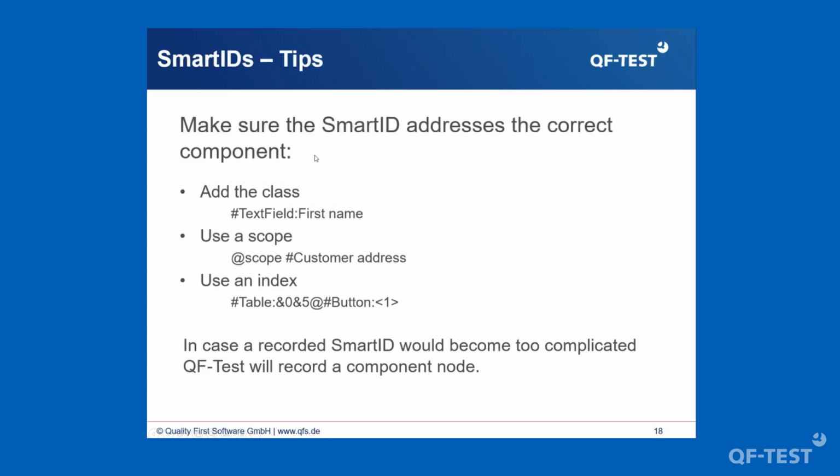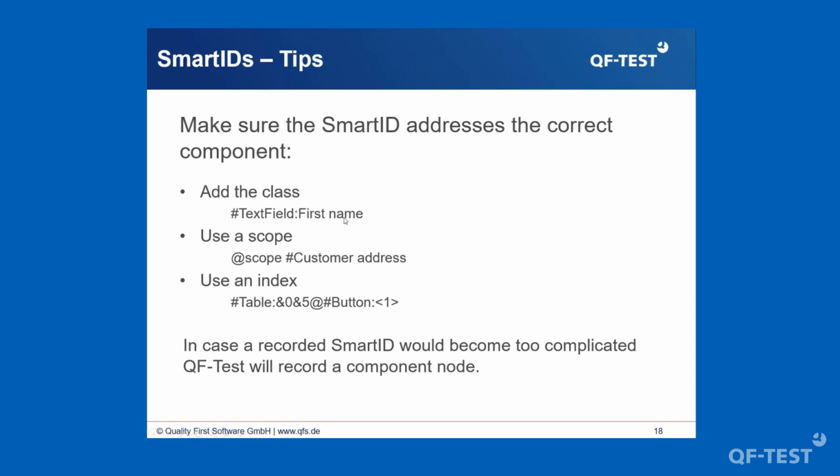Yeah, with SmartIDs, you have to be a bit careful when you have address fields, one for the customer, one for the delivery address, and maybe another one for the invoice.